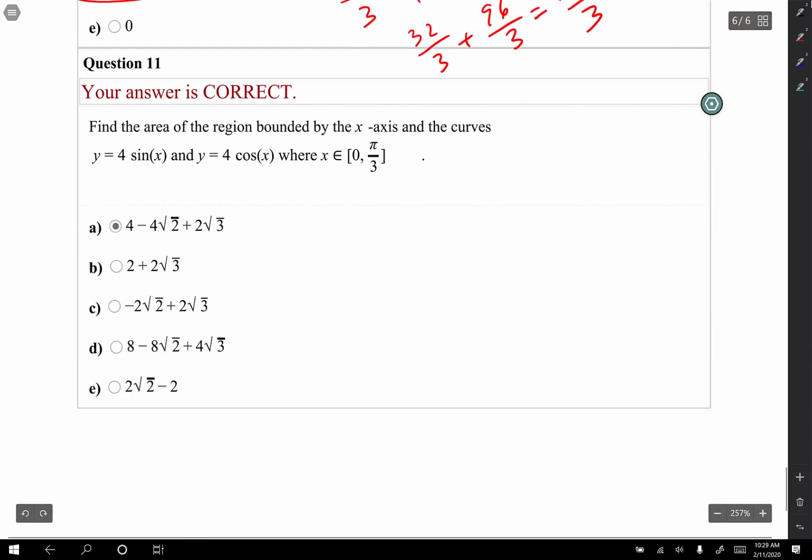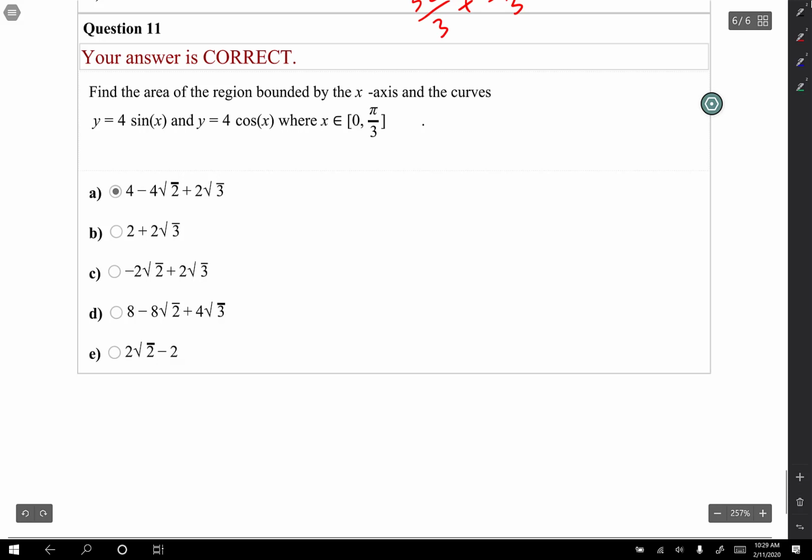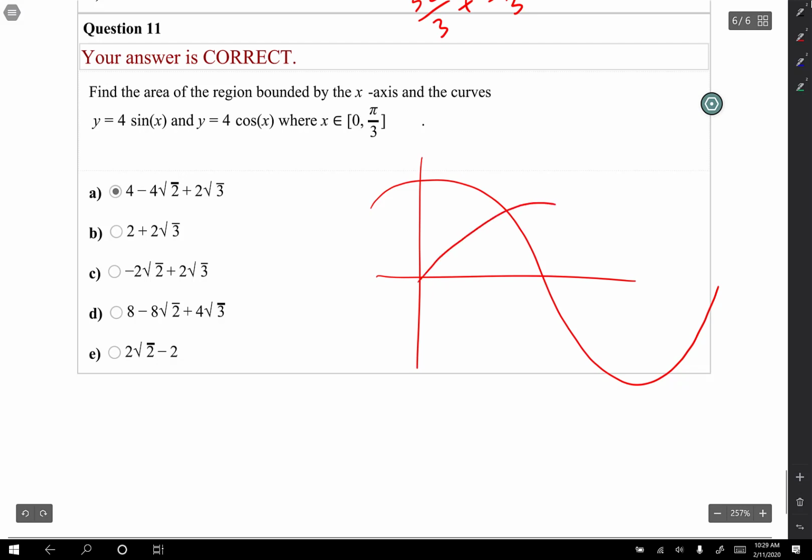Find the area of the region bounded by the x-axis and the curve. So let's see which one's on top and which one's on bottom. So here's cosine, and here's sine. So here's 0, and they're going to intersect at pi over 4, and then we go to pi over 3.